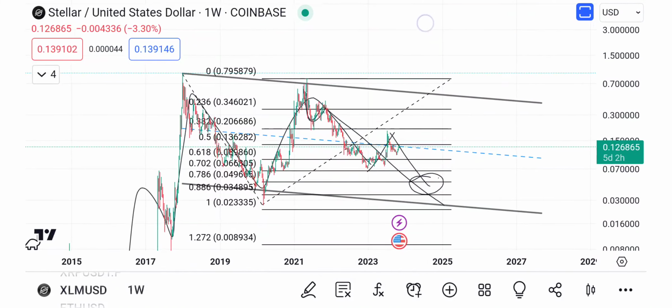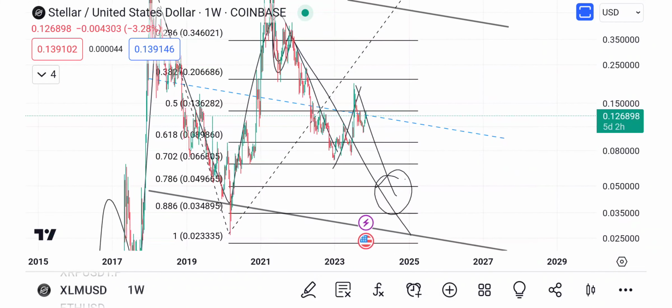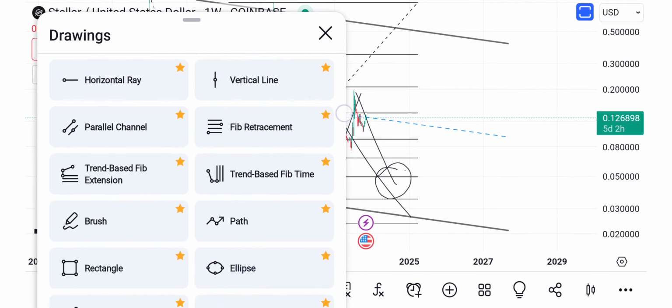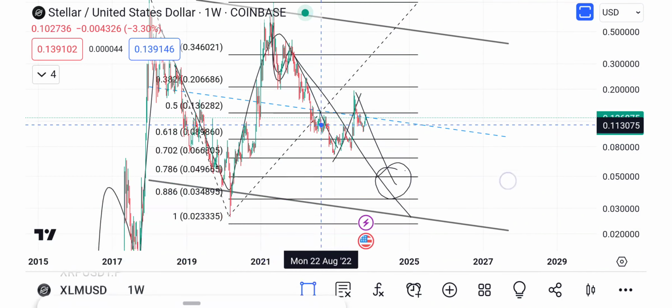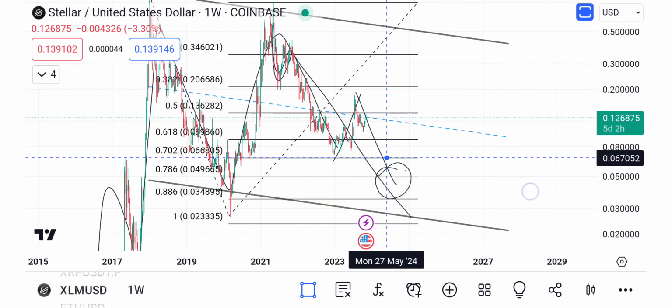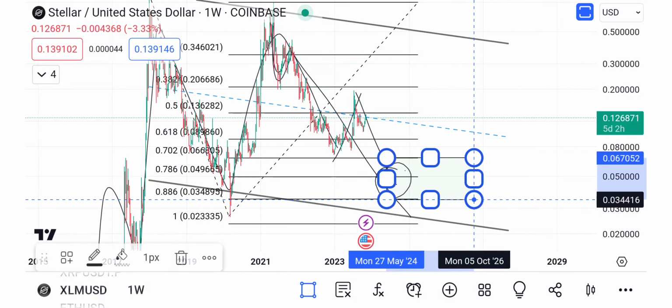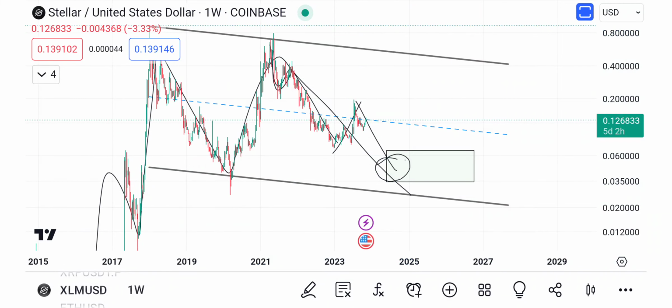And then you want to look maybe about the 886 or the 786, even the 702 area. So I would think right in here, somewhere in there, would be a good area for that C wave to finish out.